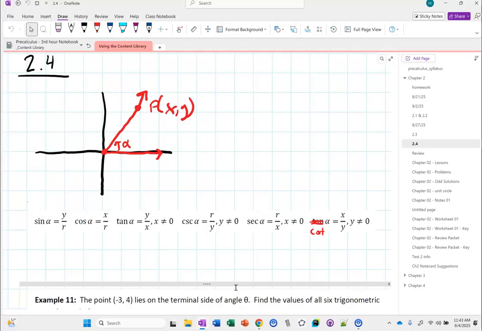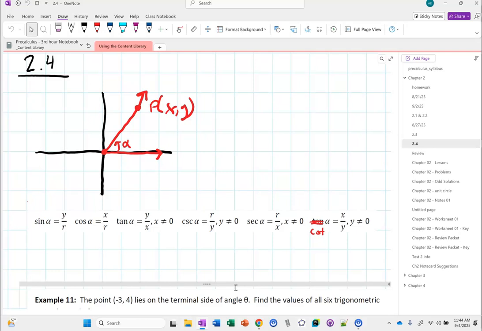The big piece that we accomplished last time was we defined angles of any size. Remember, we talked about the standard position angle where we set the vertex to the origin of the xy axis. We fix one arm, that we called the initial side, onto the positive x-axis, and then we rotated around that origin either clockwise or counterclockwise, depending on whether we're talking about positive or negative, whatever number of degrees.